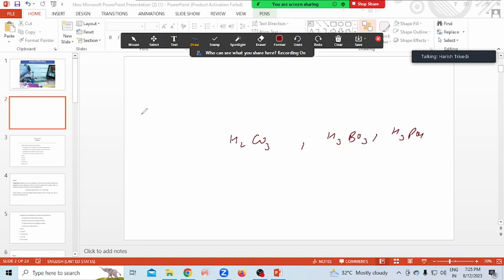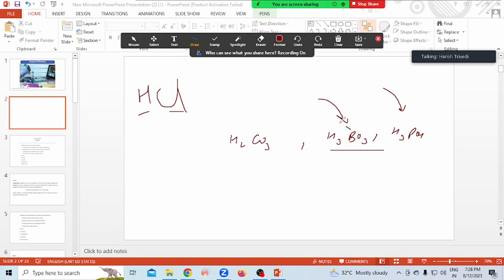So if this question arises in your mind that HCl is a strong acid and it also contains H and Cl, then why are these acids weak acids? If you want to understand that, then you need to understand their structure, and then you will be able to understand why it is a weak acid.